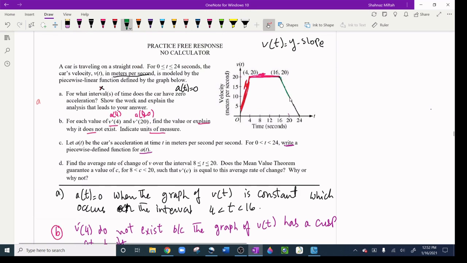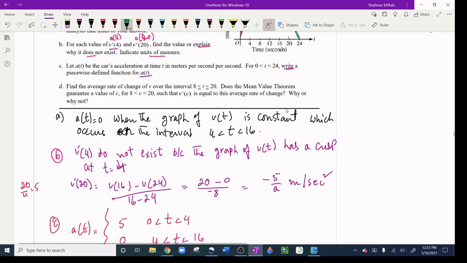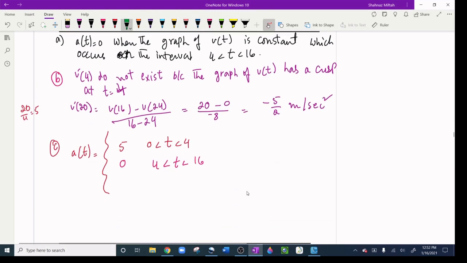This piece of the information right there. We already found the tangent line for that one in part B, which is negative 5 over 2, so I don't have to do this again. I'm just going to write negative 5 over 2. What are the restrictions? 16 to 24. So this is part C done.